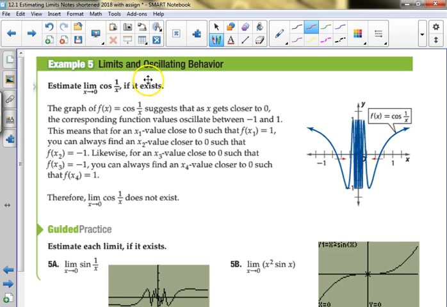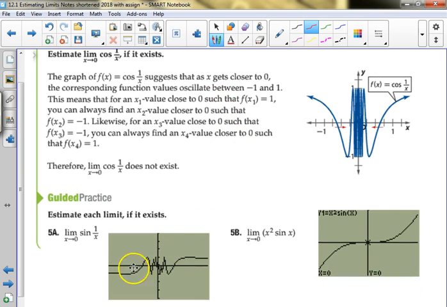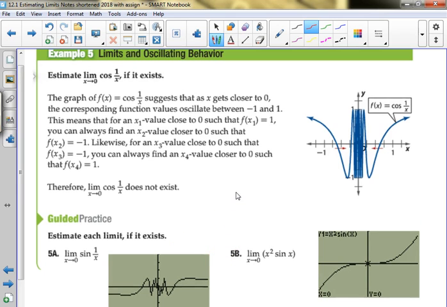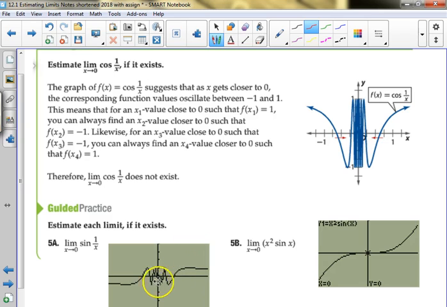All right. You will eventually have things that do what are called oscillating behavior. When you see this behavior, okay, in general, it means a limit doesn't exist where that oscillating is going on, but it doesn't mean the graph can't have a limit somewhere else. So this is a cosine of 1 over x, so the limit at 0 doesn't exist because it jumps around.